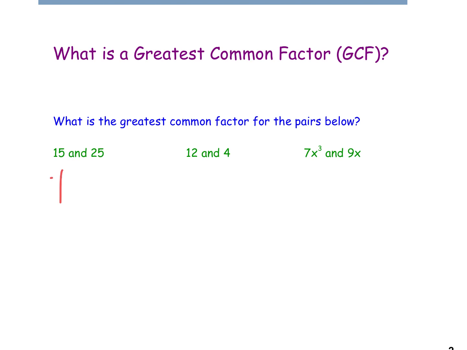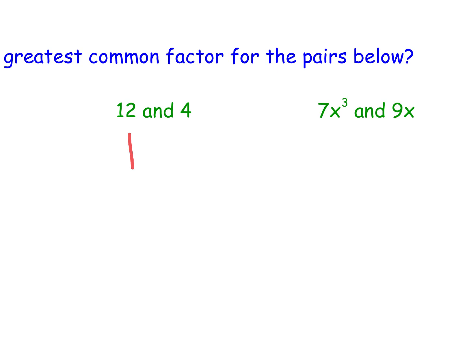In 15 and 25, is there something in common there? 5. 5 is the GCF. In 12 and 4, is there something in common? 4. Because this is 4 times 3, and this is 4 times 1.